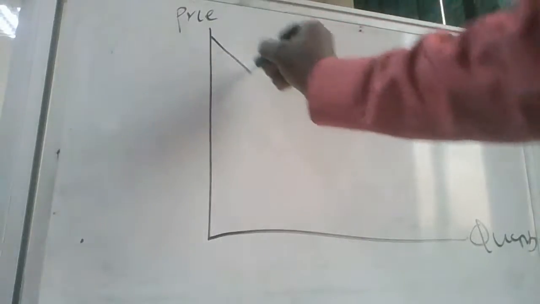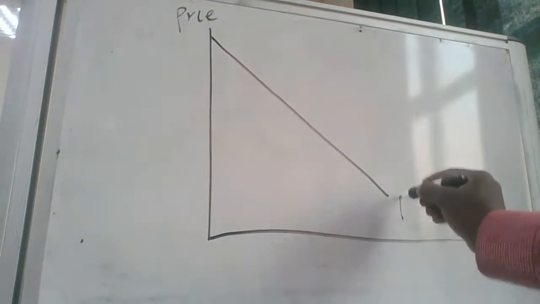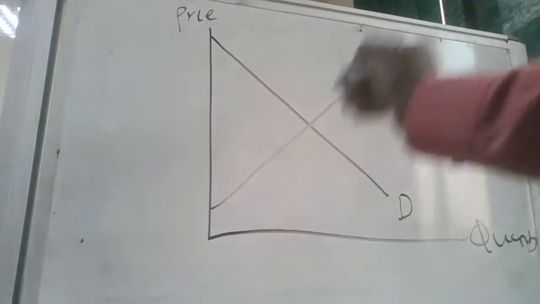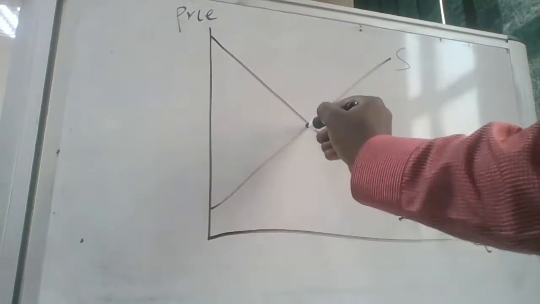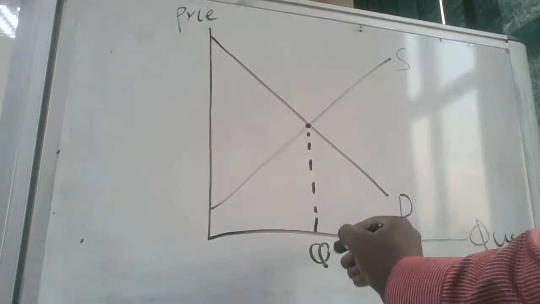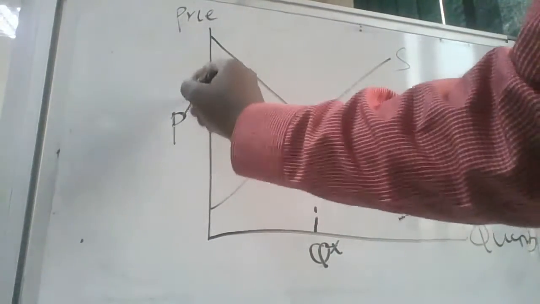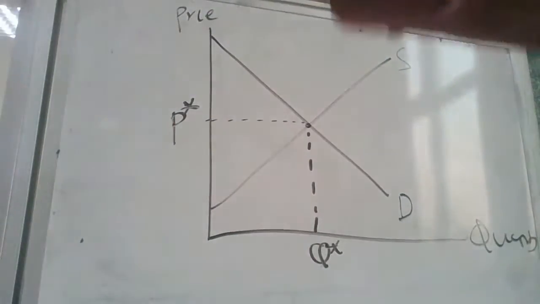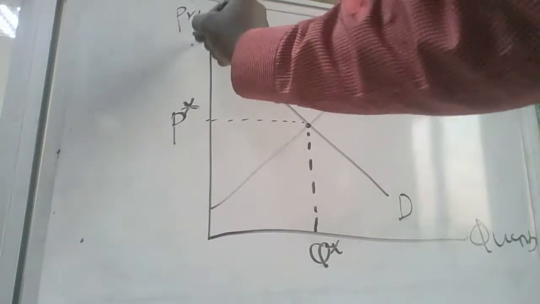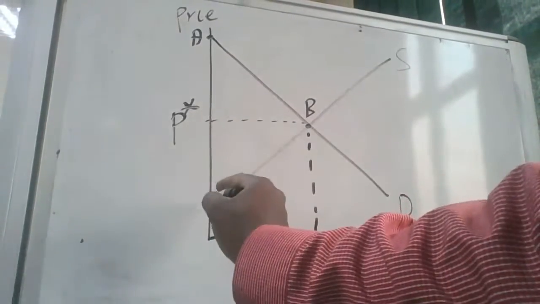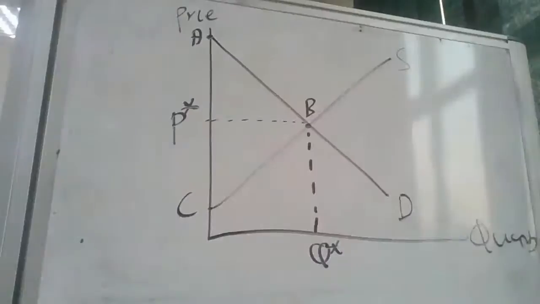We have the demand curve that is downward sloping, and we have the supply that is upward sloping. Here we have our equilibrium quantity, okay, and our market equilibrium price. We can put point A here, we can put point B here, we can put point C here, okay?